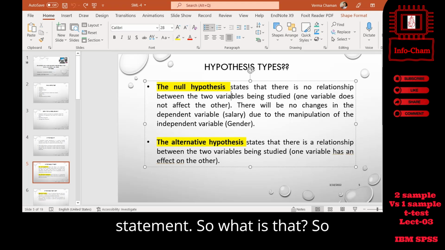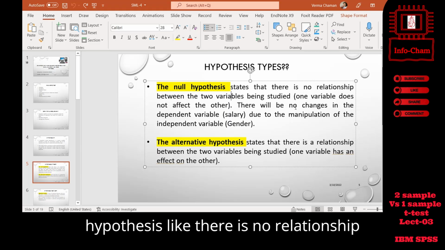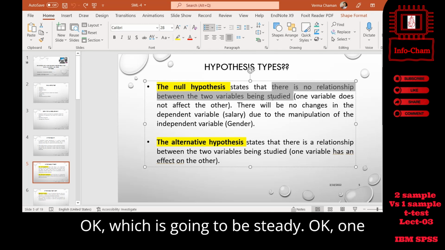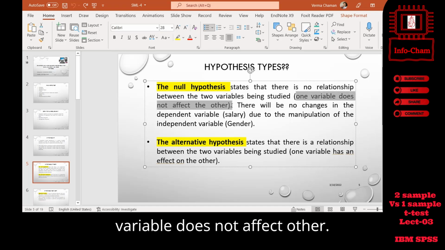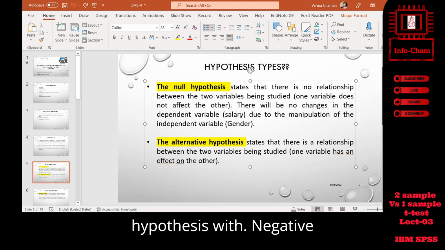So what is that? For example, mostly we state the null hypothesis like: there is no relationship between the two variables which are going to be studied. One variable does not affect the other, right? So mostly try to use the null hypothesis with a negative word.